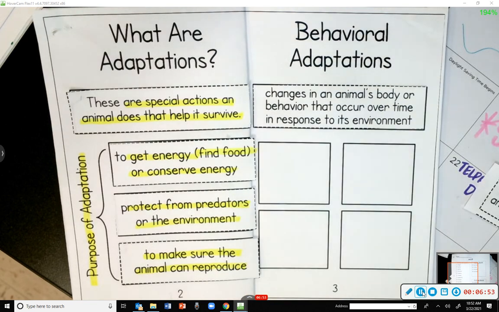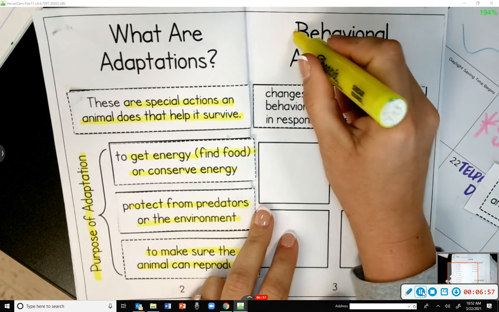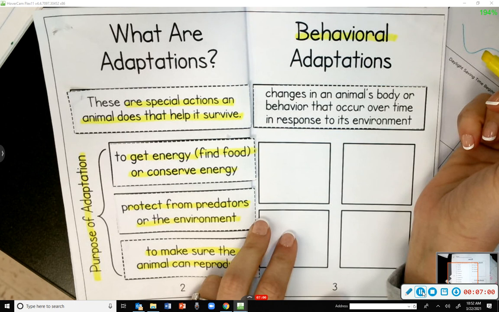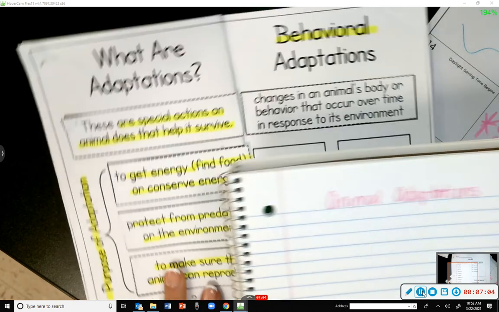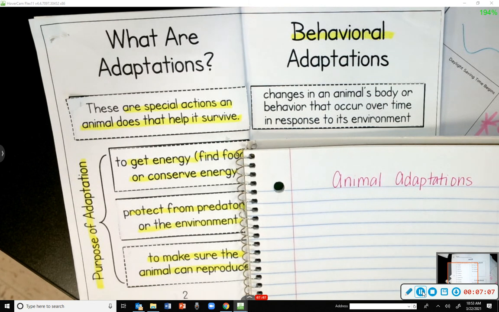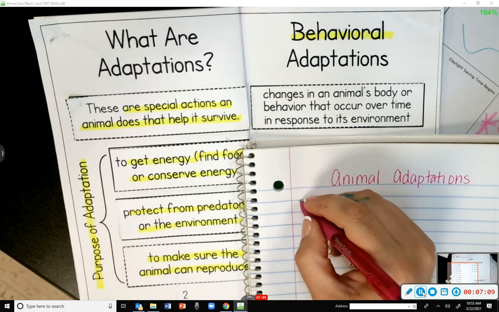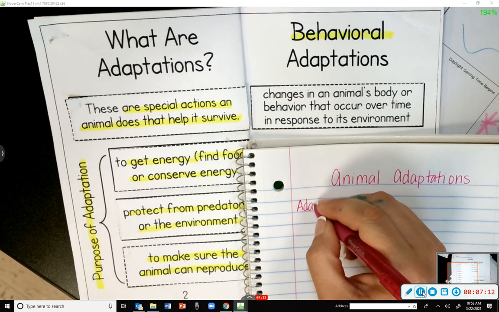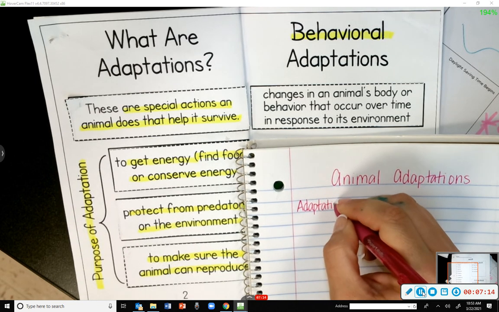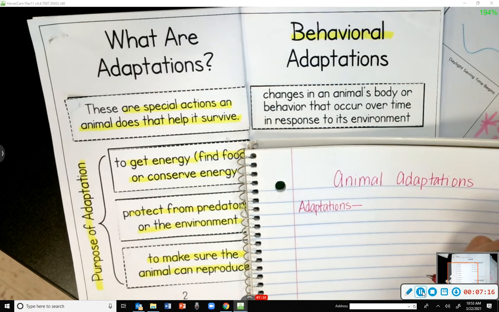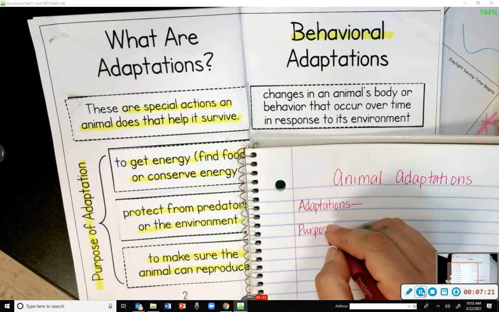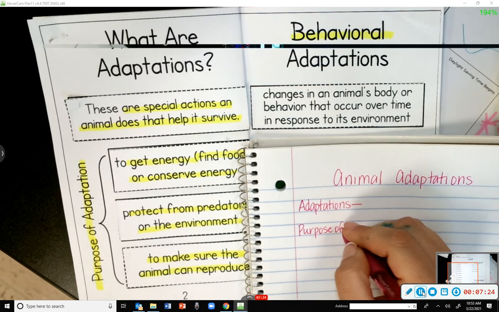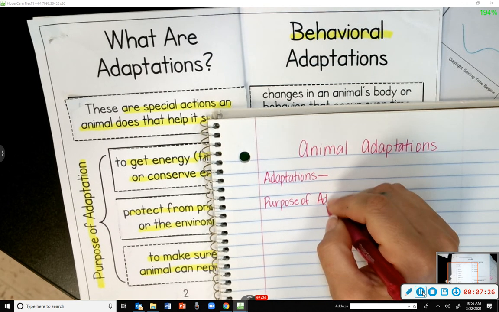Okay, so make sure on your science notebook you're now going to have two categories, behavioral and physical. So if I'm writing in my notebook, I already have the adaptations definition, and then I have the purpose of adaptation, and there were three different ones.